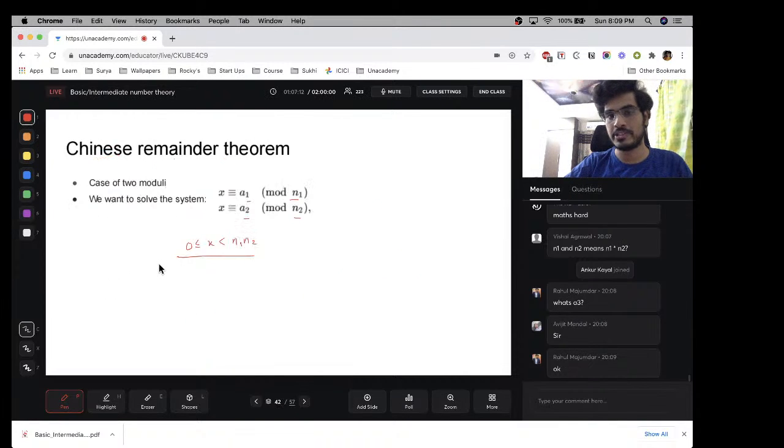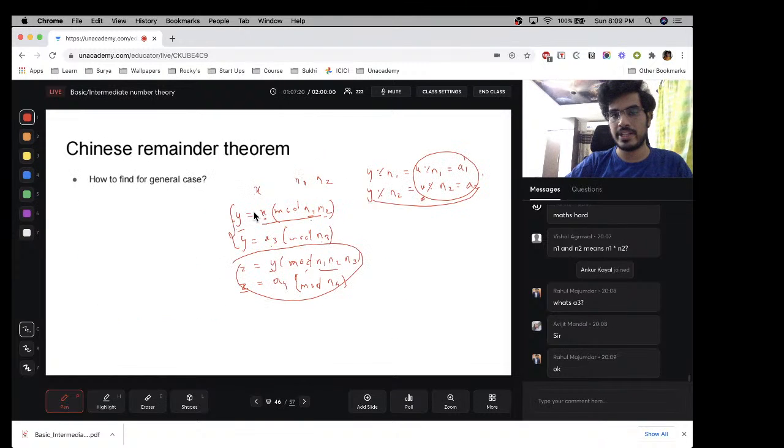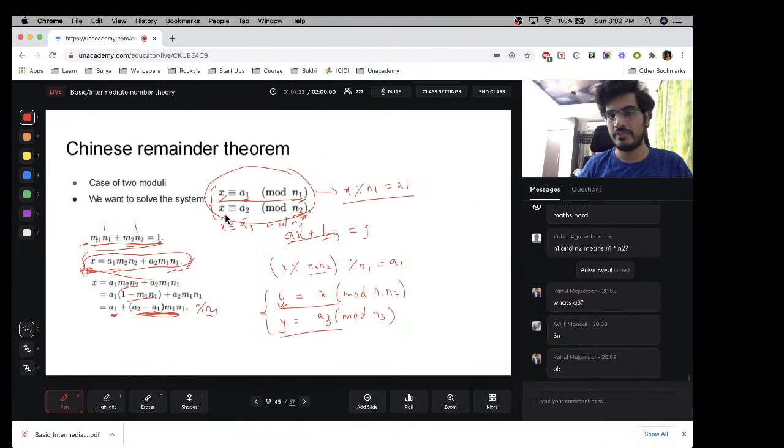We have k equations. For the first two equations, let's say we found an x. Now using that x, we try to find a y. Y equal to x mod n1 and n2, y equal to a3 mod n3.